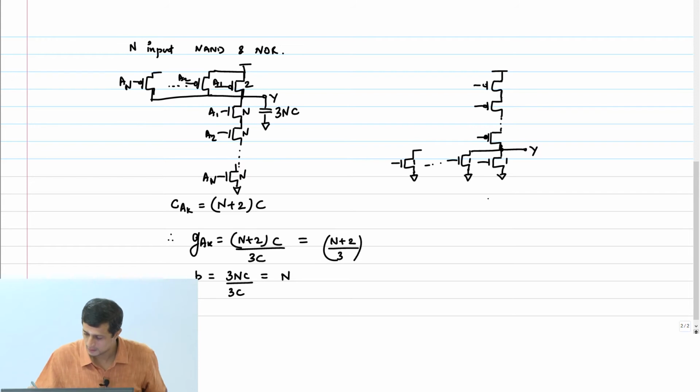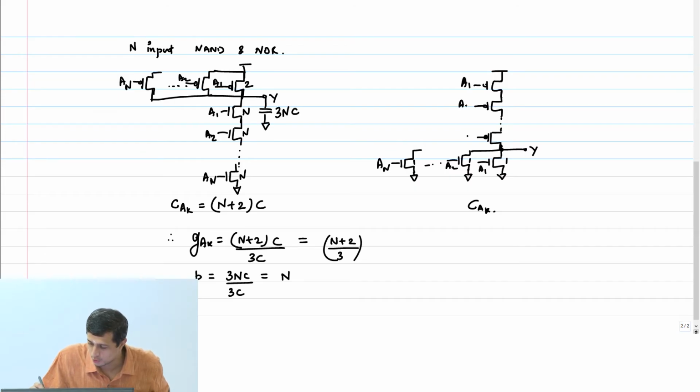Now what is the input capacitance on each input, A1, A2, AN, for the NOR? So what is the PMOS size, by the way? 2N.